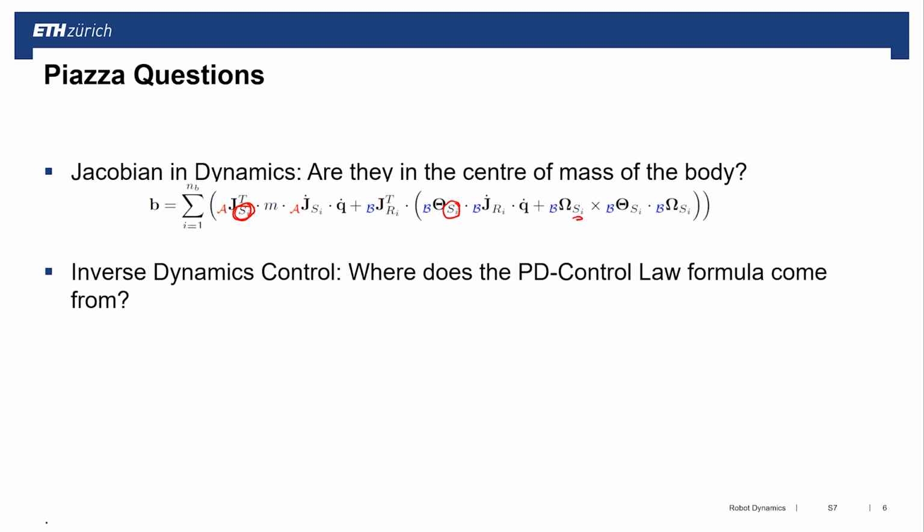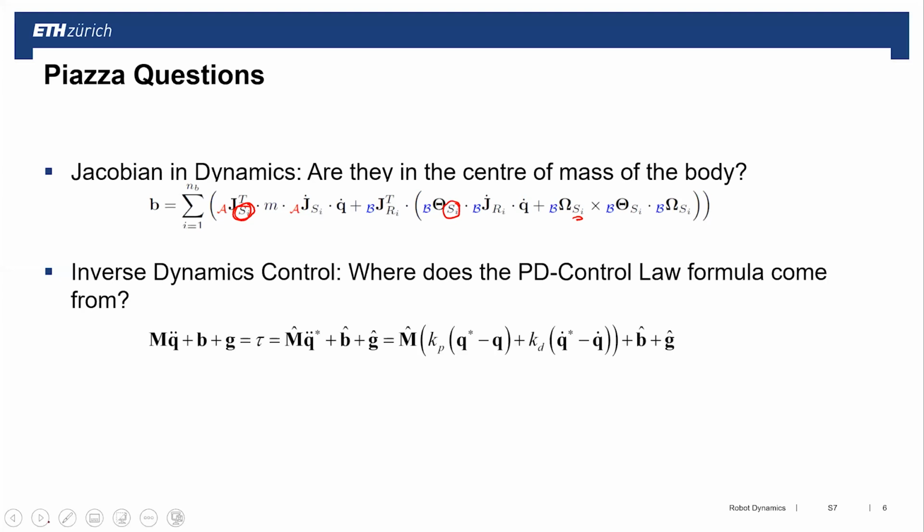There was one question related to the inverse dynamics control, and I want to recap this for the sake of clarity. If we write inverse dynamics, on one side we have how the system is actually moving, M q double dot plus b plus g, which is the torque I'm providing to my system. We calculate this torque through model knowledge: the torque is equal to M hat q double dot desired plus b hat plus g hat, where the hats are the estimated quantities, and q double dot desired is the acceleration we want to achieve.